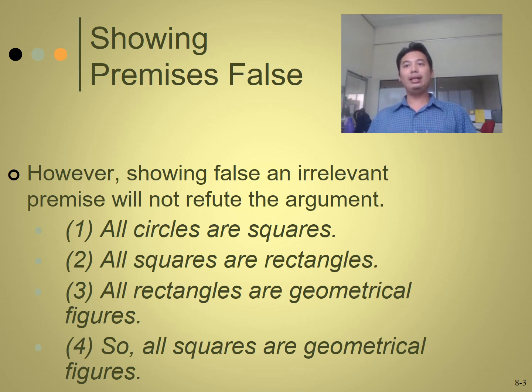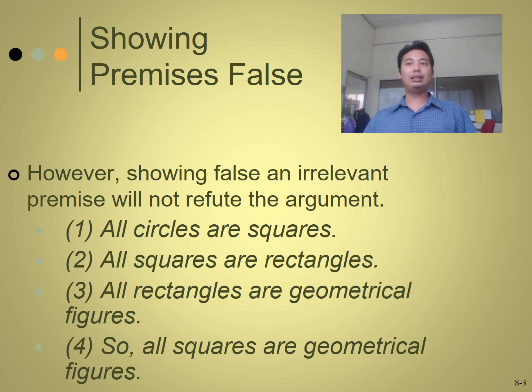Number 1 is related, but it is not considered a critical premise to number 2, number 3, and number 4. So showing number 1 is false won't keep number 2 and number 3 from proving number 4 is correct. So this is an example of a non-critical premise, number 1 itself.